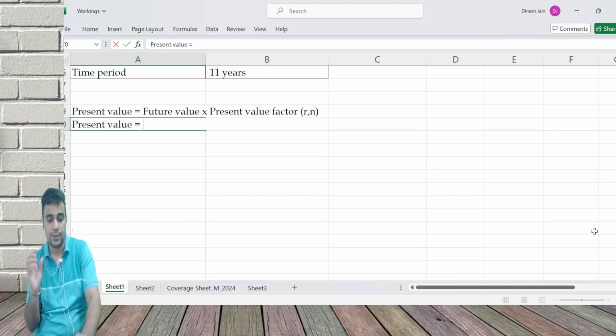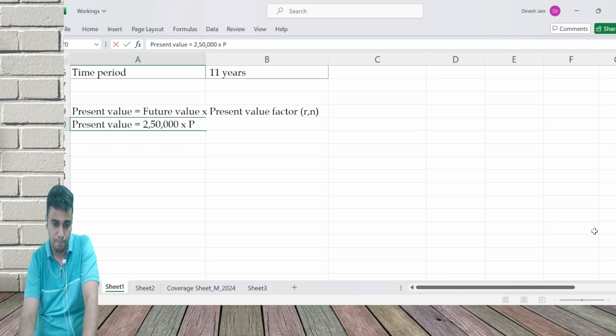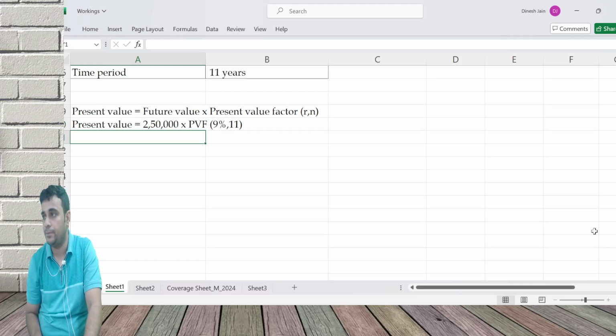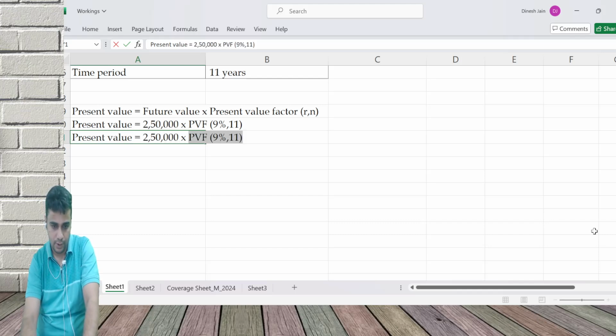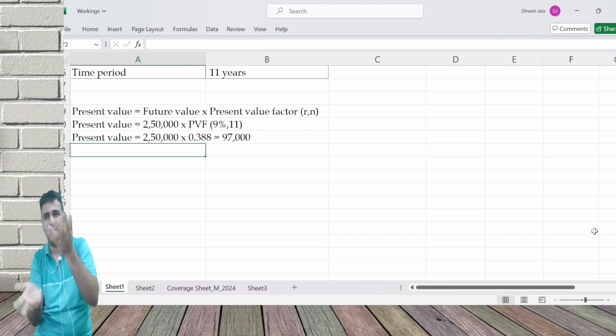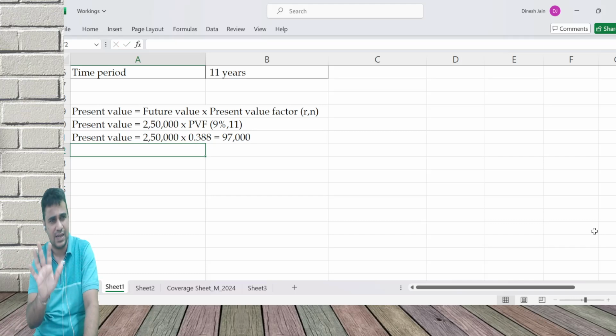What's the future value in this question we did? 2,50,000 into PVF. What is the rate of interest and number of periods? That was 0.388 from there. You take it as 0.388, do the multiplication and close it. 2,50,000 into 0.388. The earlier answer could have been slightly up or down because you used 4 decimals. Depending on the number of decimals, the answer will change a little bit. Any doubts on this?